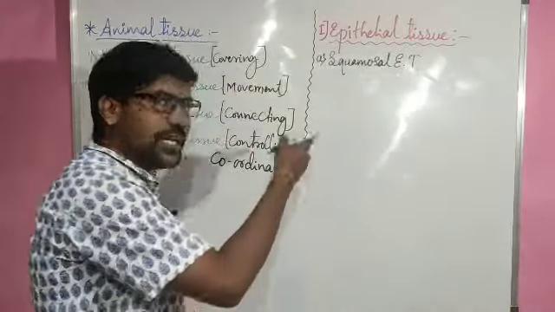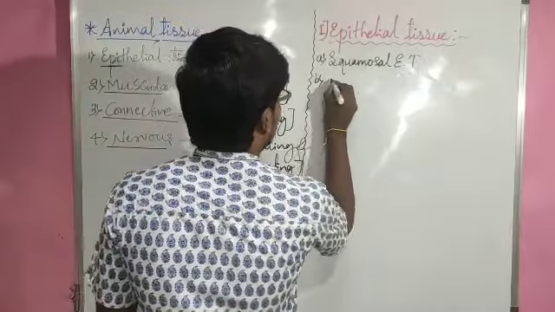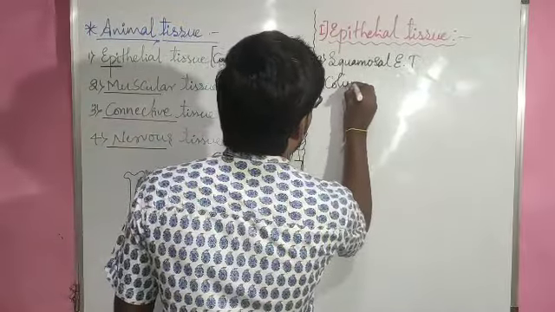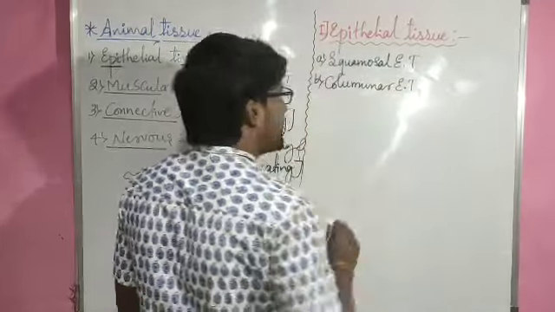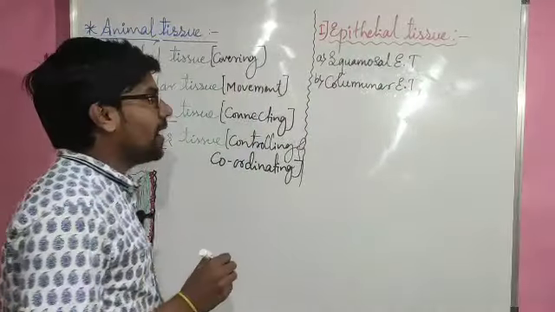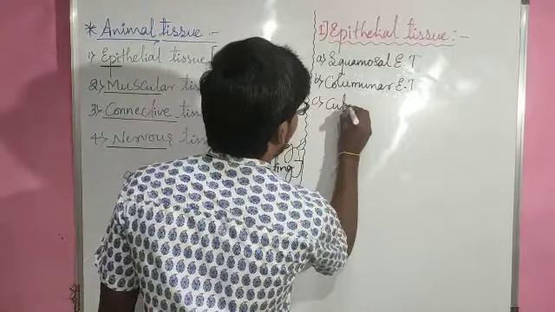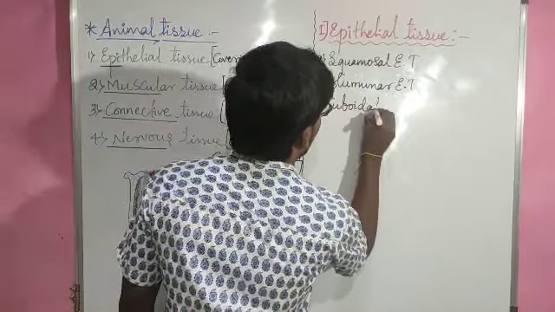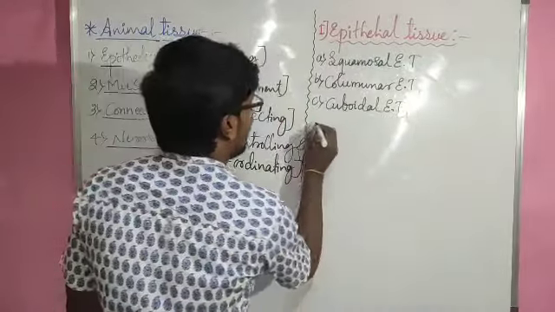squamous epithelial tissue, ET means epithelial tissue, and the second one is columnar epithelial tissue, the second one, and the third one is cuboidal epithelial tissue, right?